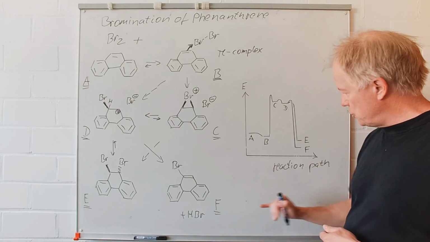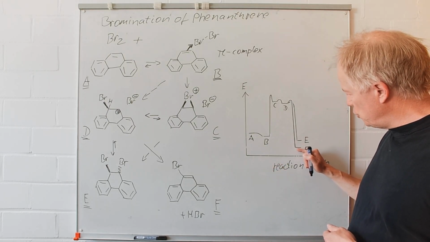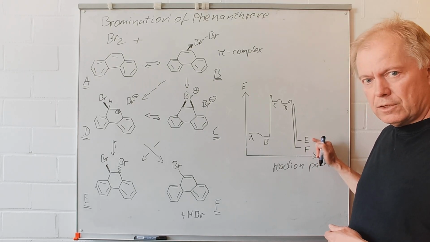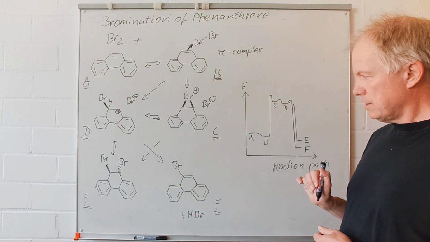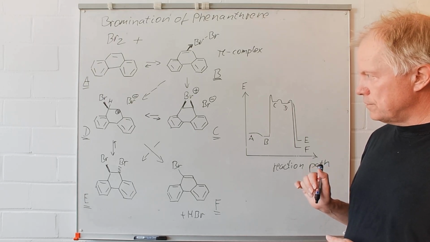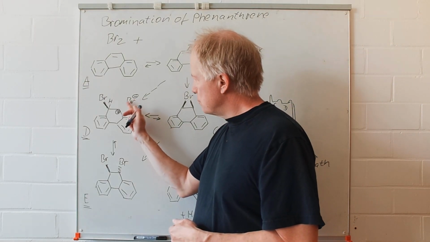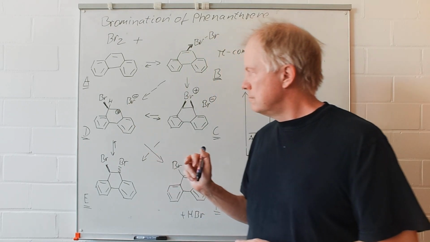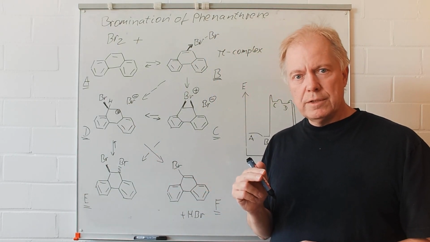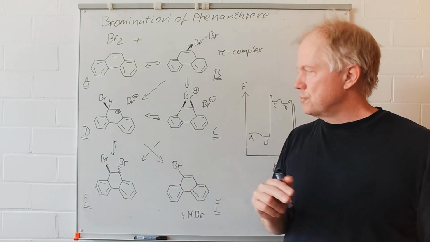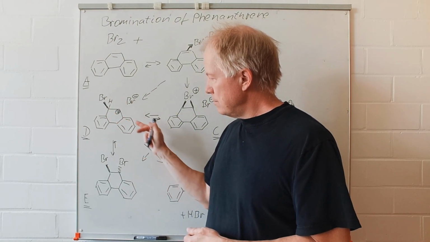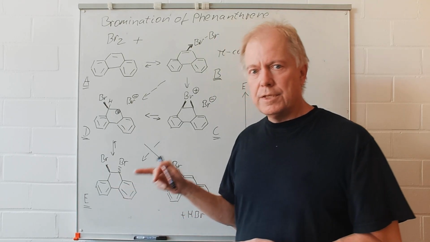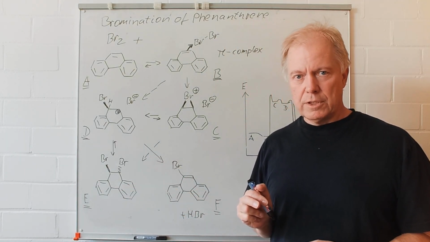So its energy level is beyond that of E, the addition product. However, this bond formation is certainly a bit faster compared to that deprotonation. That means that this is kinetically favored.